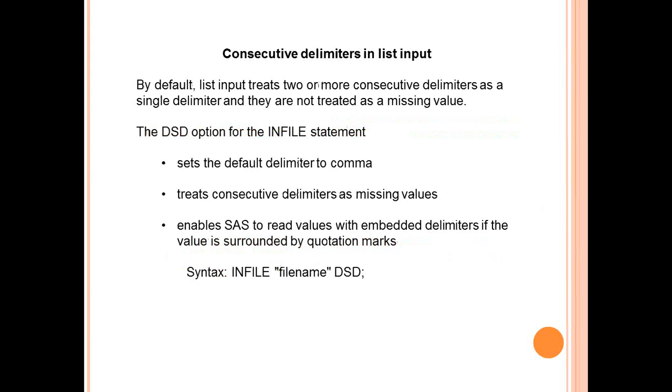Now, consecutive delimiters in the list. In the last chapter, we discussed a lot about the delimiters, where to use DSD and where to use the DLM option. Now it's a continuation of the same.